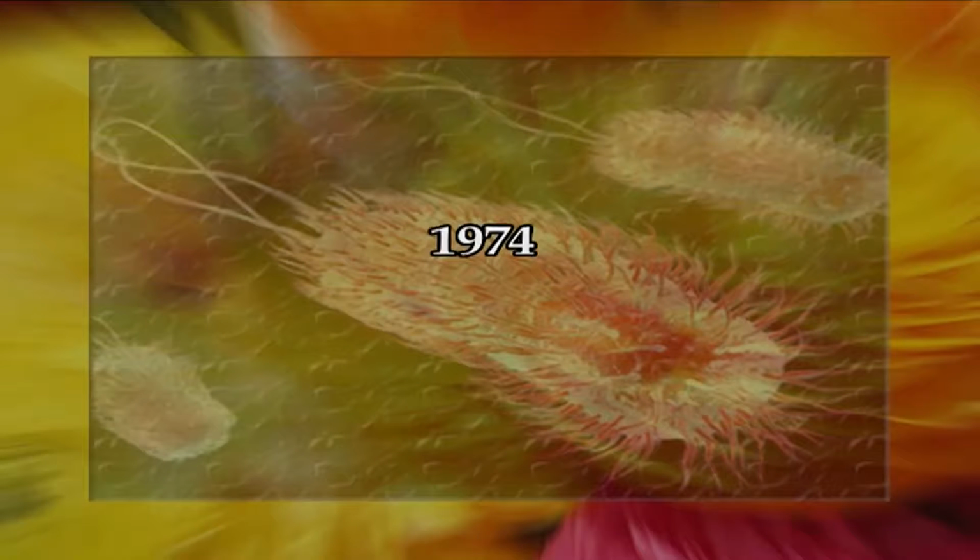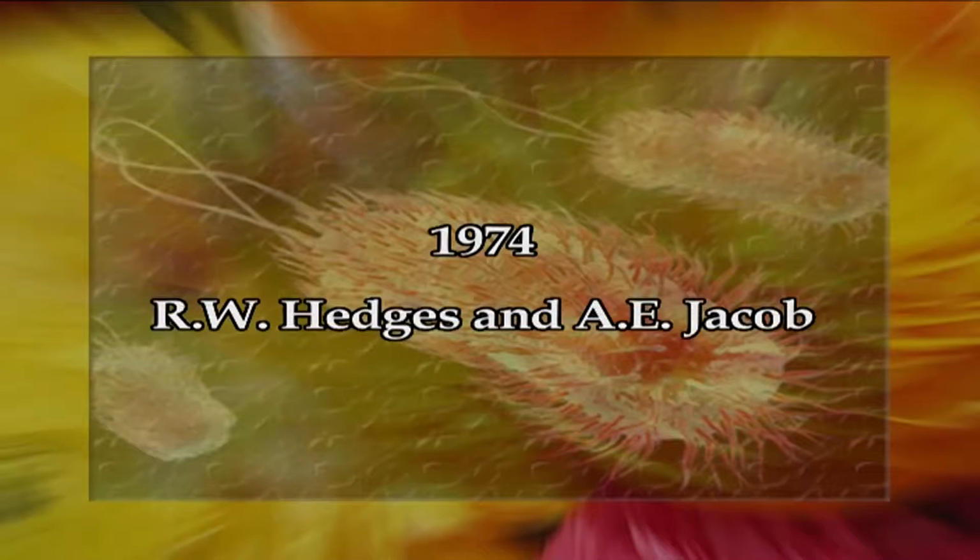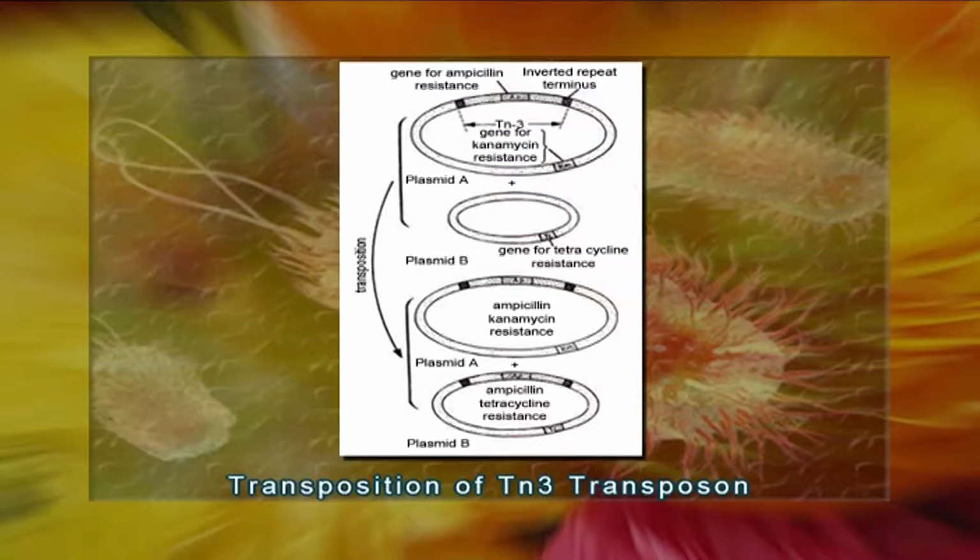The term transposon was first used in 1974 by Hedges and Jacob for a DNA segment or genetic element which could move from one molecule to another and carried resistance for the antibiotic ampicillin.